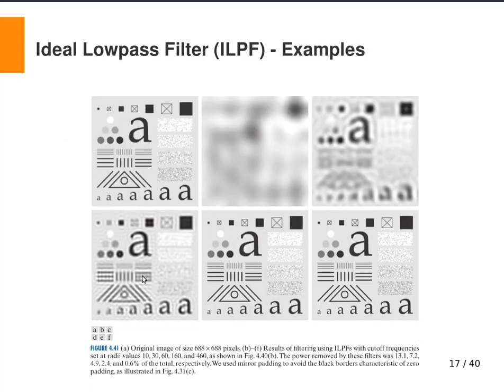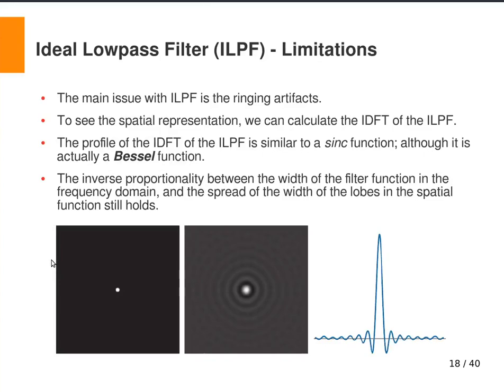But the effect is more dramatic for D0 being 10, D0 being 30, and D0 being 60. Another thing that you might notice is that because of this filter, we see some ringing artifacts in the result of applying the filter, and that is basically one of the main issues with the ideal low pass filter.